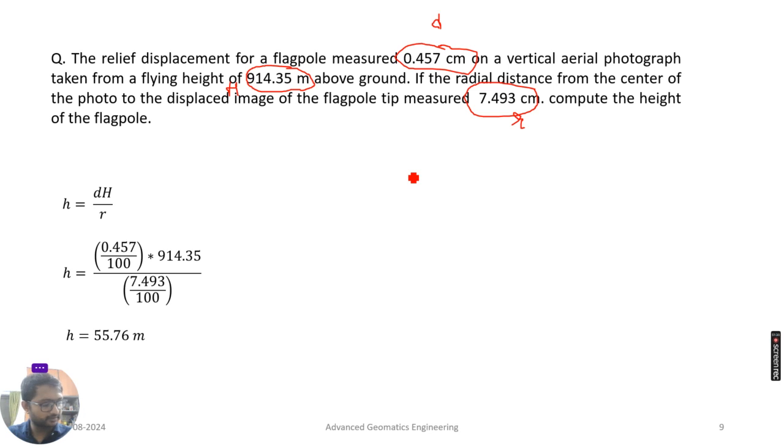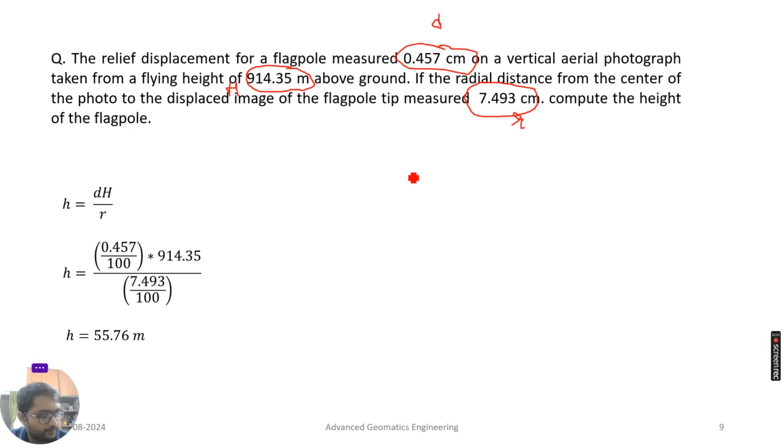Are you having any trouble in finding it out? Four. If you are having five, okay. Okay, I guess.